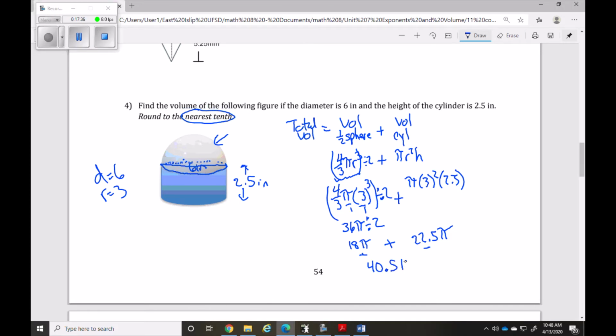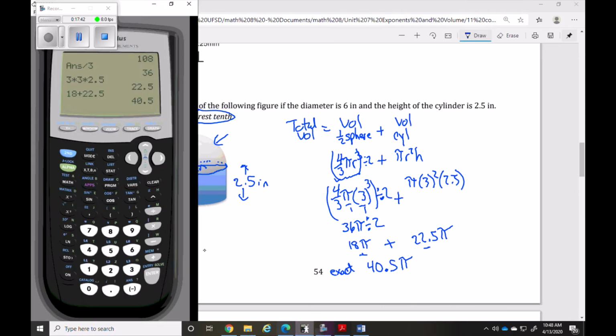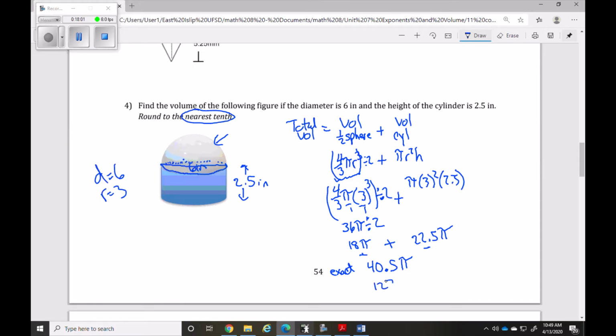So 40.5 pi is an exact answer. They want it rounded. So 40.5 times pi is that, rounded to the nearest tenth, 127 and 2/10, 127.2 inches cubed.